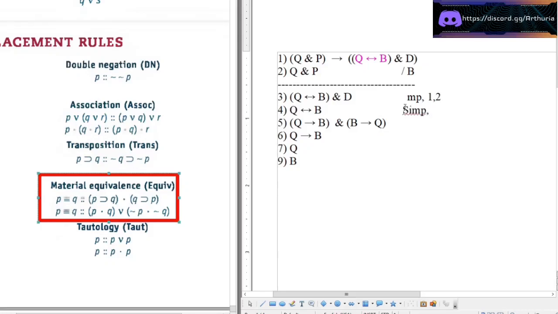It's a simp of line 3. This rule is what? Is that the addition? No, it's our equiv rule from 4. Equiv of 4. And then this is what? This is our friend simp, right?